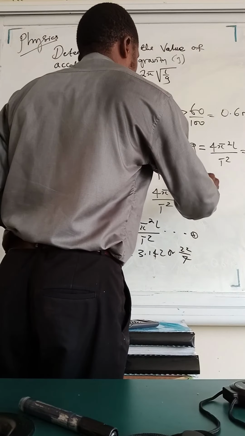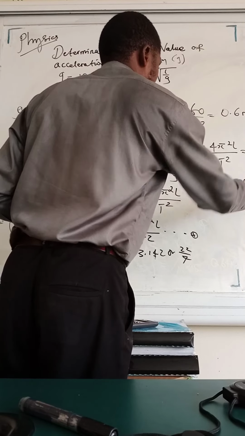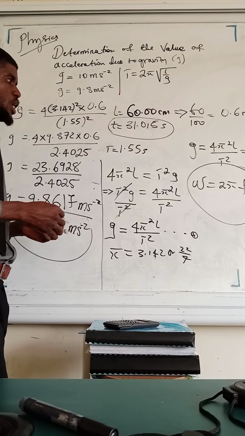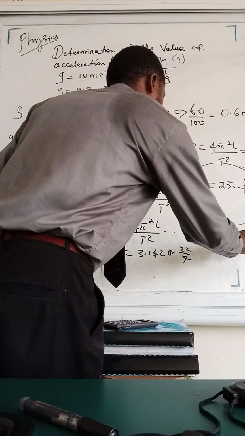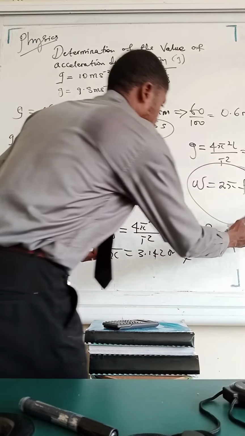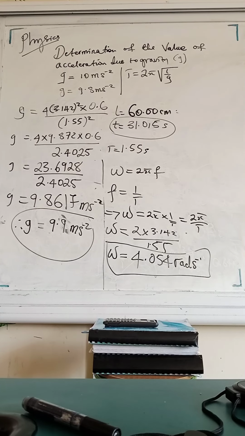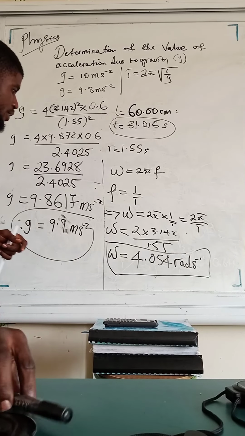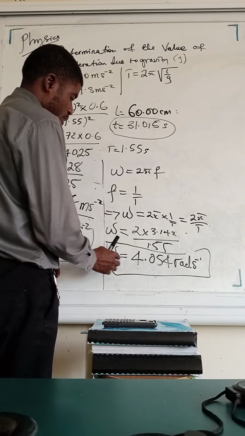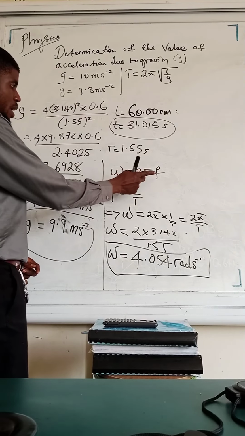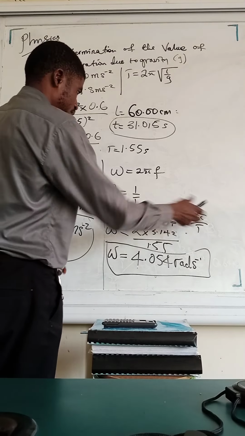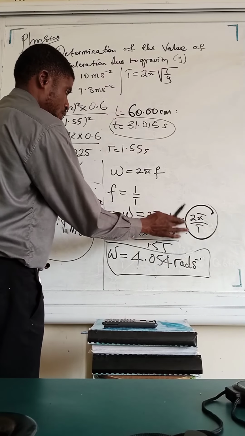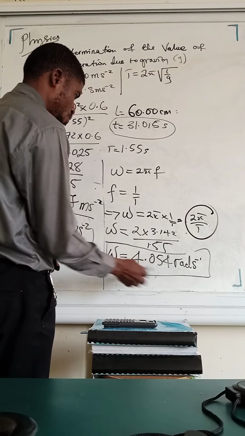You know that omega is equal to 2 pi f, and f means 1 over T. From this equation, we arrived at the angular velocity, we substituted, and then we got this.